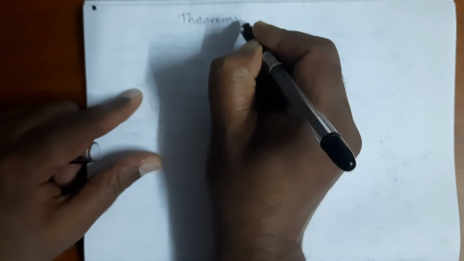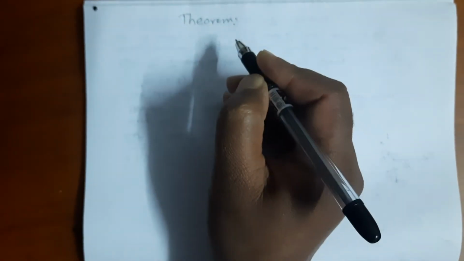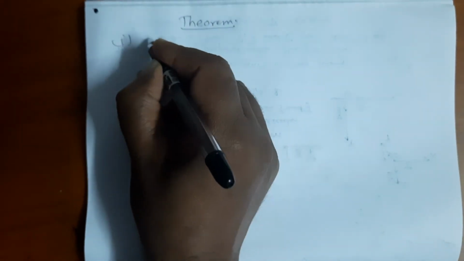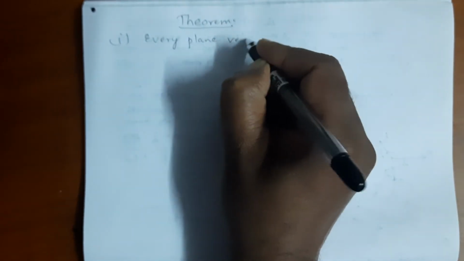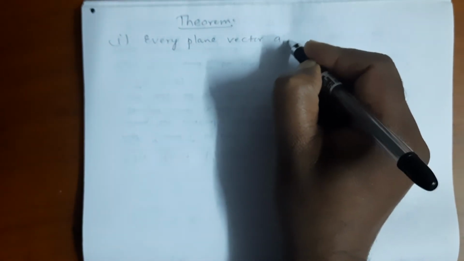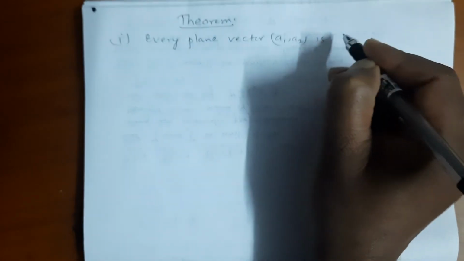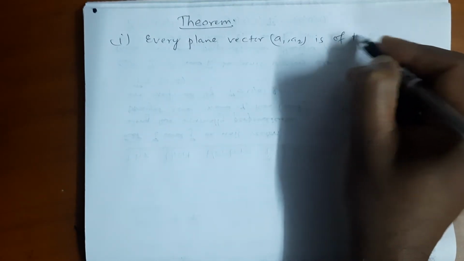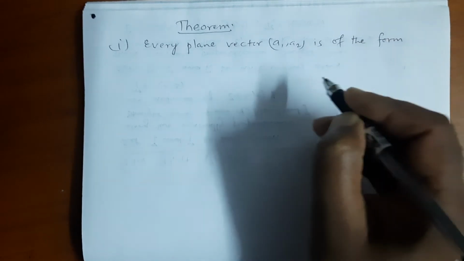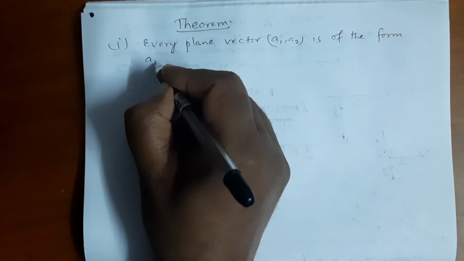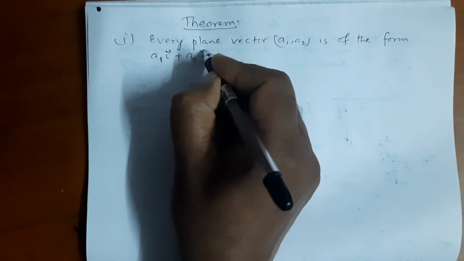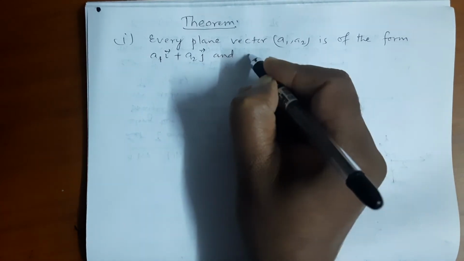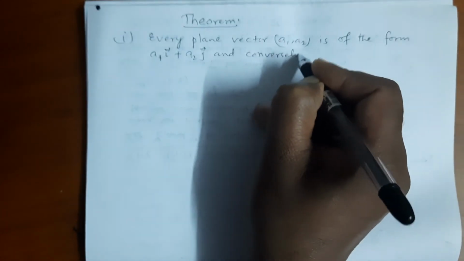Theorem: every plane vector (a1, a2) is of the form a1 I plus a2 J, and conversely.